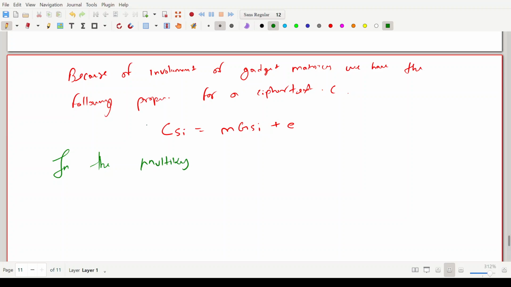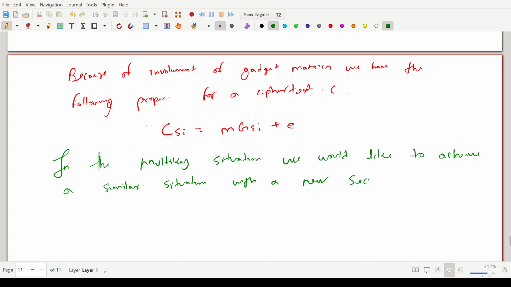In the multi-key situation, we would like to achieve a similar situation with a new secret key. That is your joint secret key. So what is the secret key?